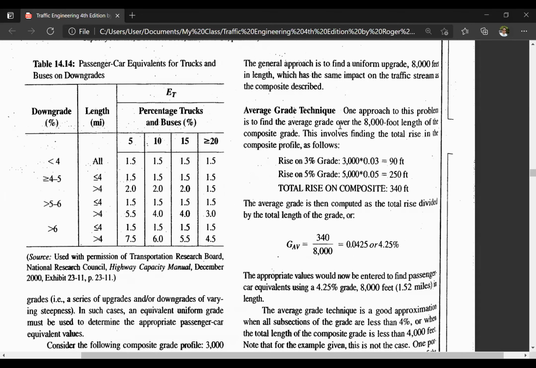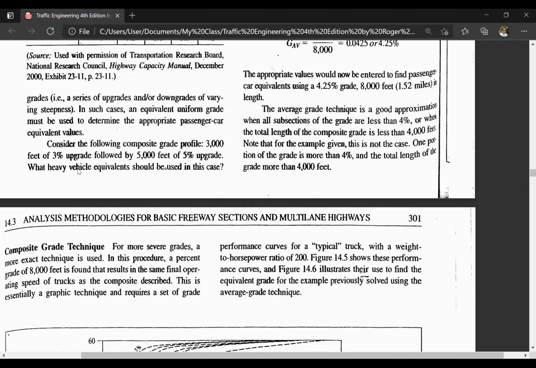One is the average grade technique, and the other is the composite grade technique. The composite grade technique is described on page 302, with this description. But I found that this graphic is not that clear. So you should go back and refer to the graphic here.